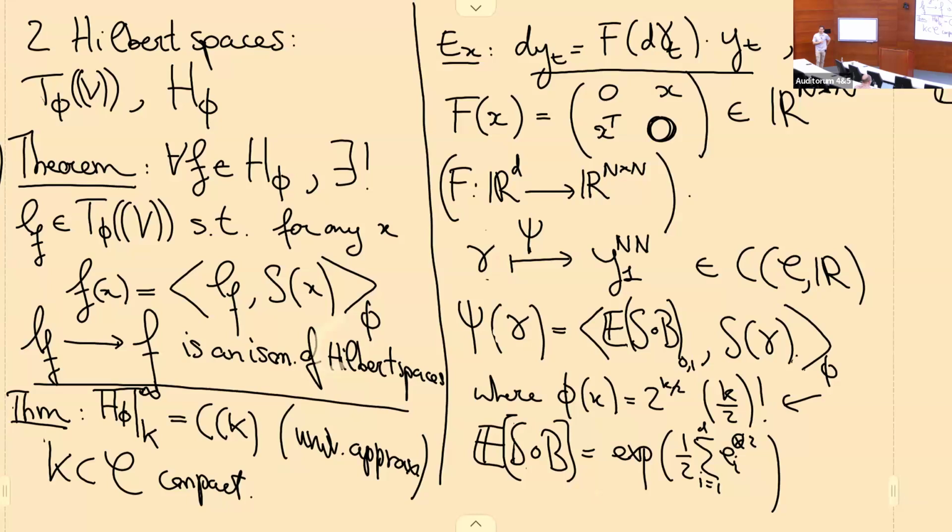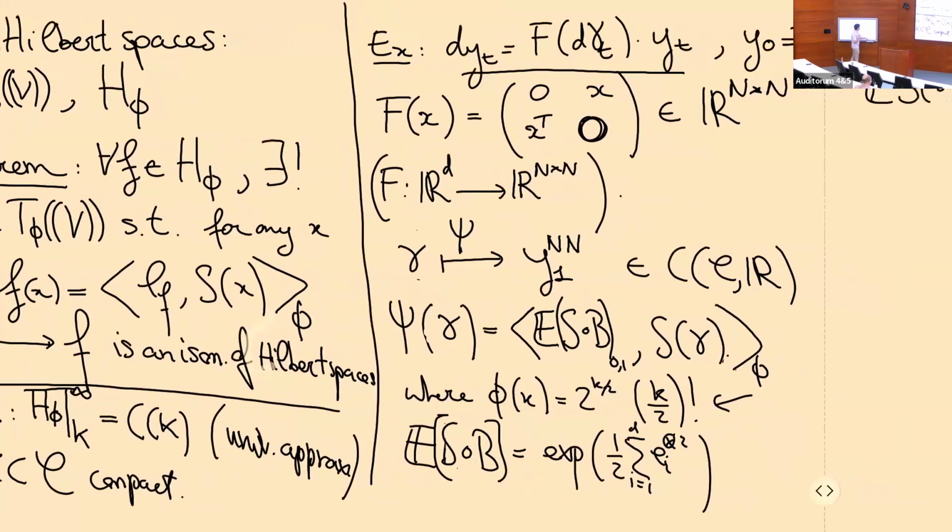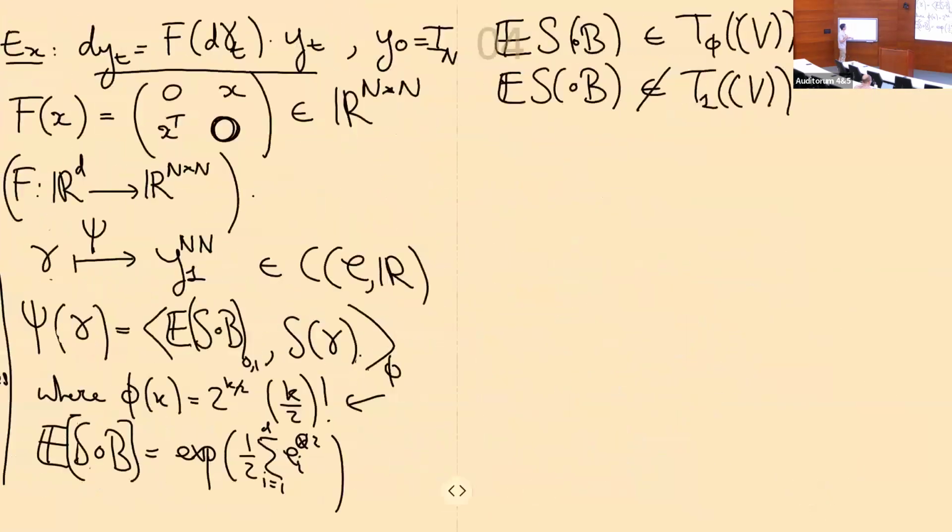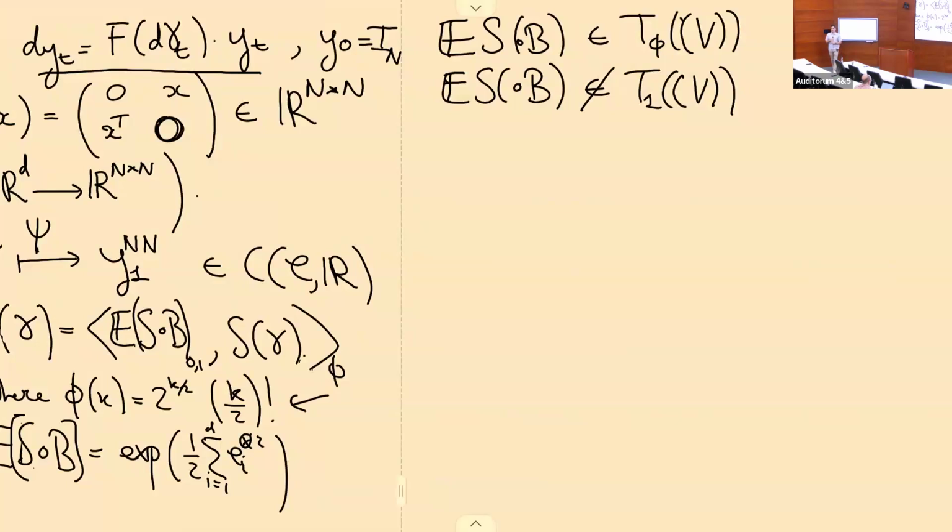And the T phi are also not... The T phi, sorry? Okay, stupid question. Wasn't the T phi all just the tensor elements such that if I take this norm and multiply with phi of k, this is finite? Yeah. So if I increase the phi, then I have less convergence. Maybe.